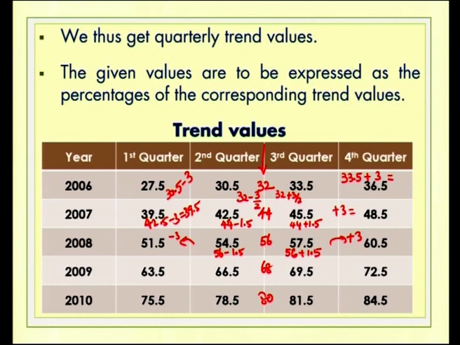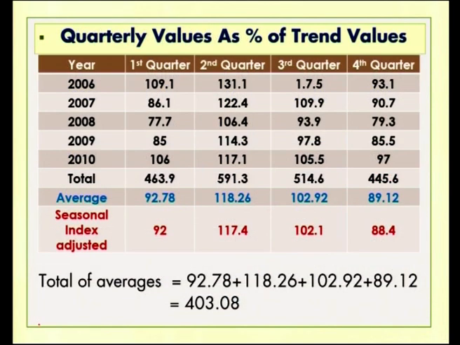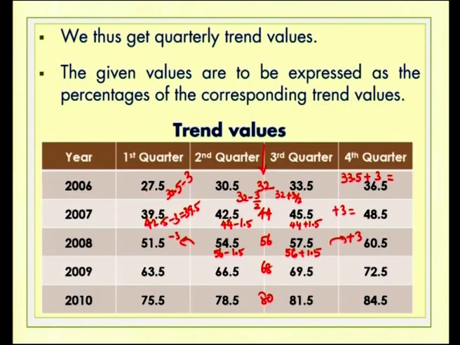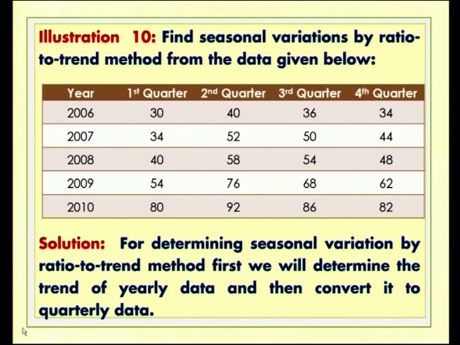Now, after the trend values are calculated in terms of quarters, we go ahead to calculate the seasonal index: quarterly values as a percentage of trend values. Just take this particular box corresponding to the year 2006. The first quarter trend value is 27.5, and the corresponding value given in the question is 30.